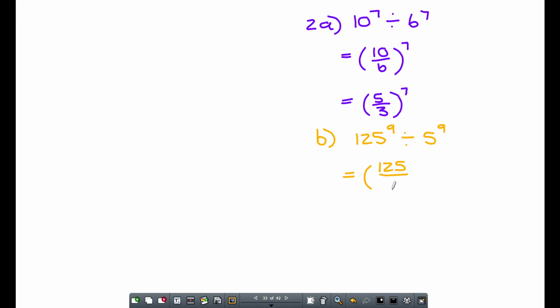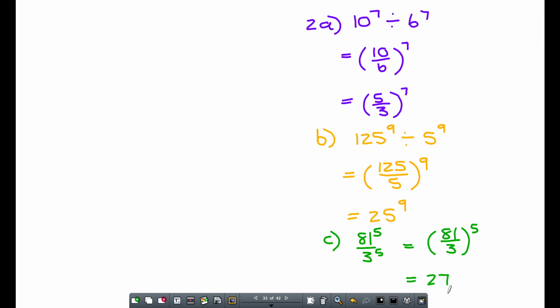So 125 over 5 to the power of 9, and that can be simplified to 25 to the power of 9. 81 over 3, each one of them to the power of 5 will be bracket 81 over 3, close your bracket to the power of 5, and 81 over 3 simplified gives us 27, and that to the power of 5.